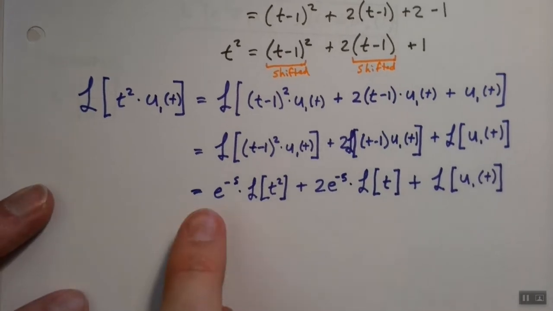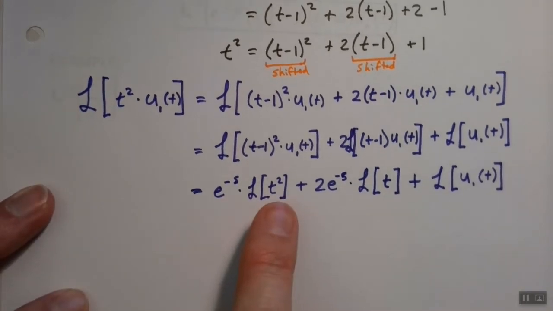So in this case right here, e to the negative s, the Laplace transform of this, we know we have a formula. You remember that's going to be the power for your polynomial, the power factorial divided by s to the power plus 1.